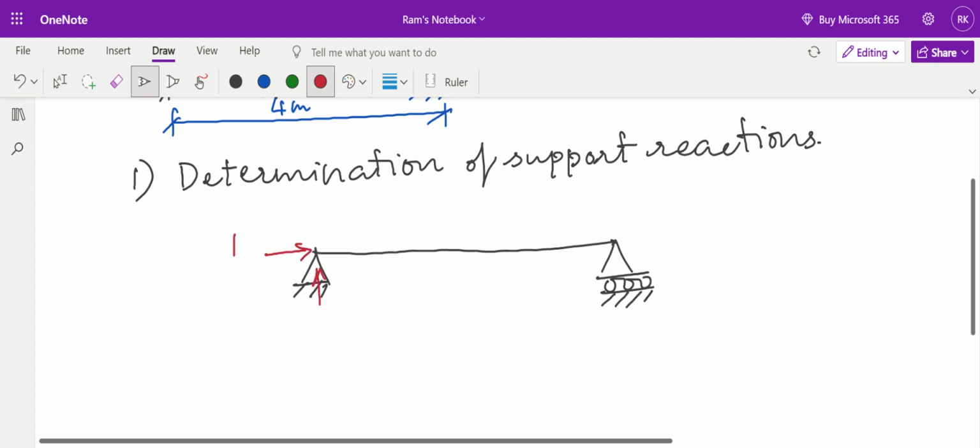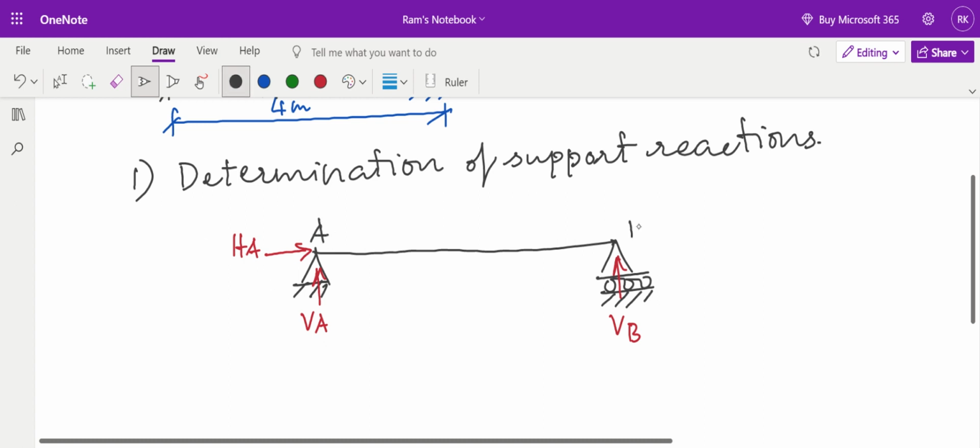This is HA, horizontal reaction at A. This is the vertical reaction at A. And this roller support will offer only one reaction, that is the vertical reaction, perpendicular to the roller. I will name that reaction as VB.